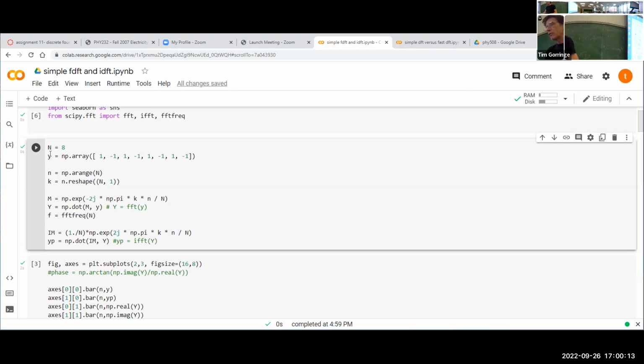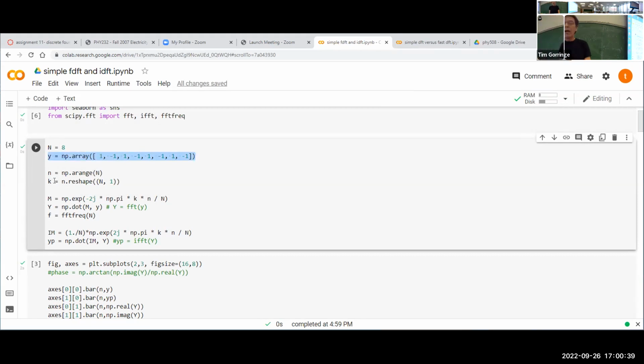So here's the number of data points, uppercase N. Here I just made up some data. It looks like a kind of square wave: 1, -1, 1, -1, 1, -1, 1, -1. So I've got this little square wave thing.